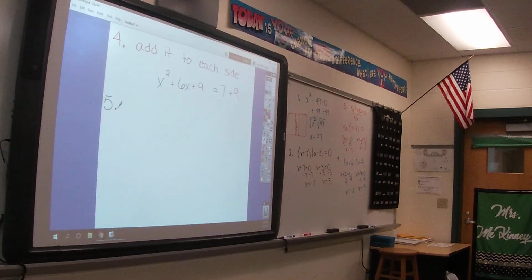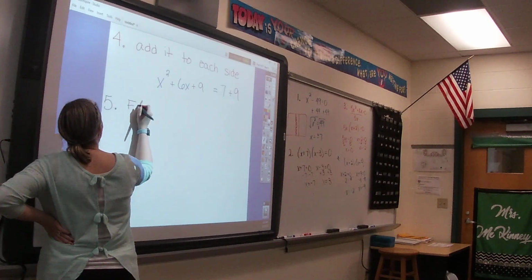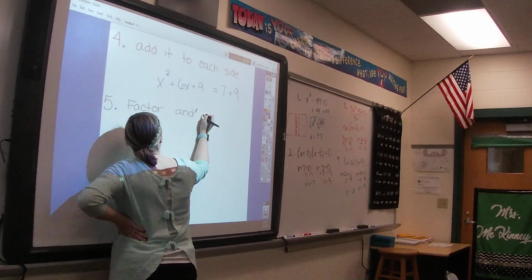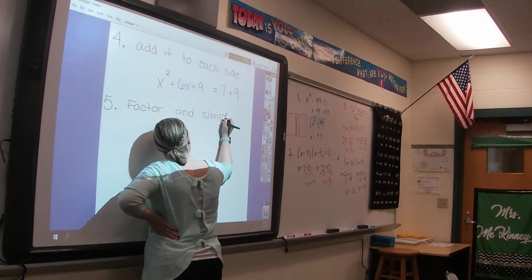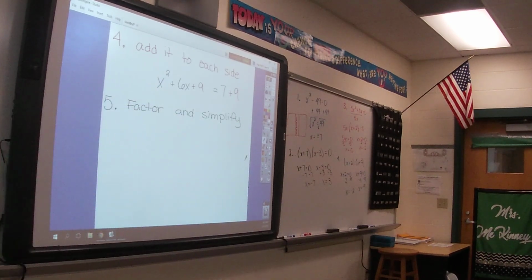Okay. Step 5 says that we are going to factor and simplify. I am telling you right now, you don't actually have to factor.